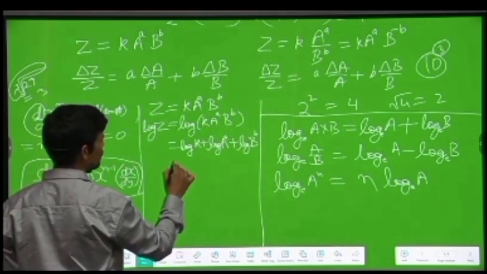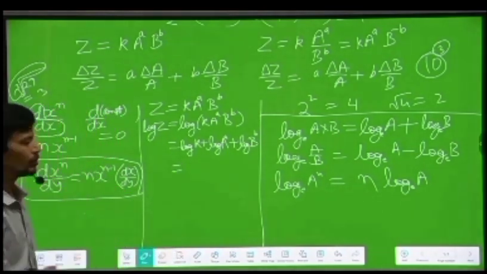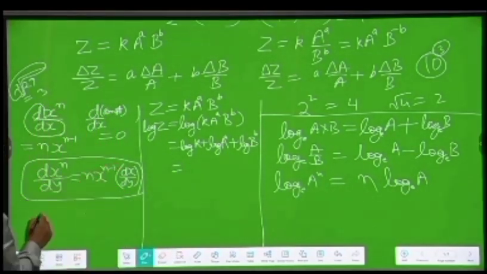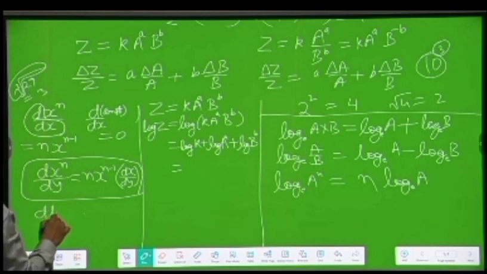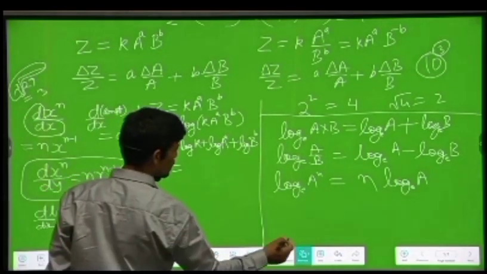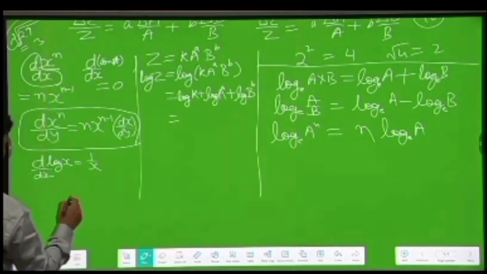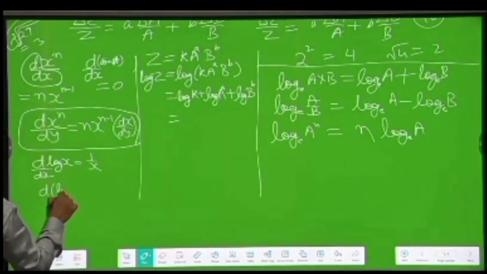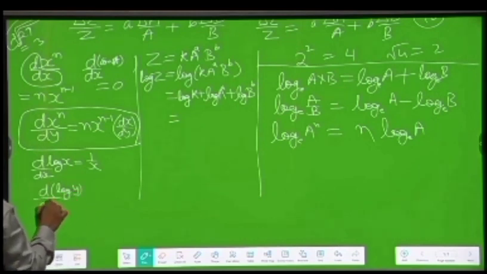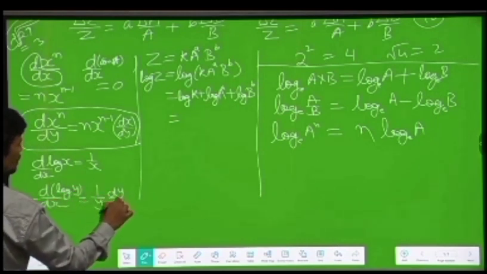Now next step is, oh, I didn't tell you the differentiation of log. So d log x by dx will be 1 by x, but if it is d log of y by dx, then it would be 1 upon y and then dy by dx.